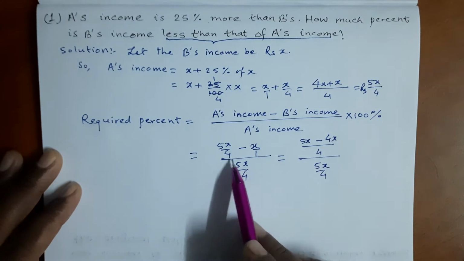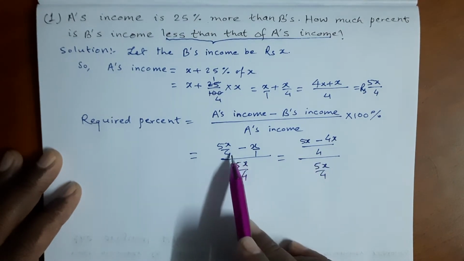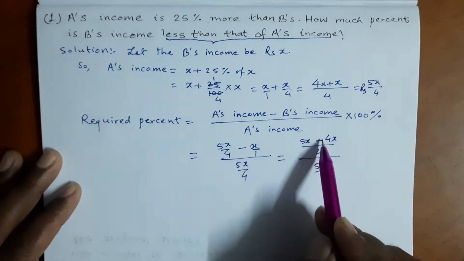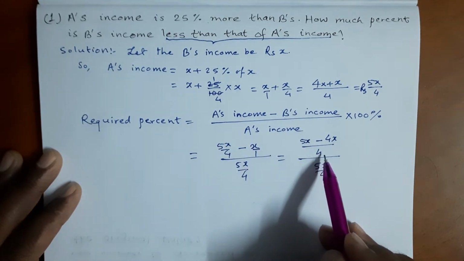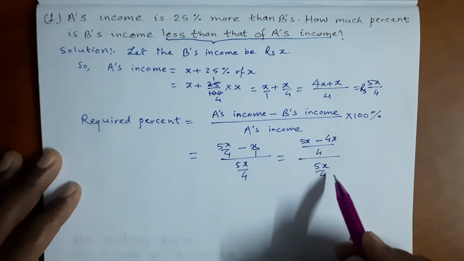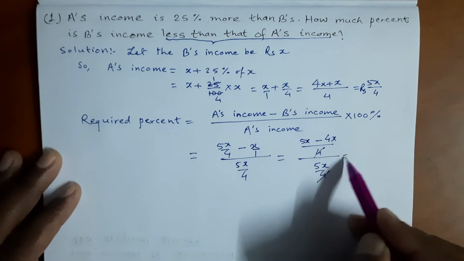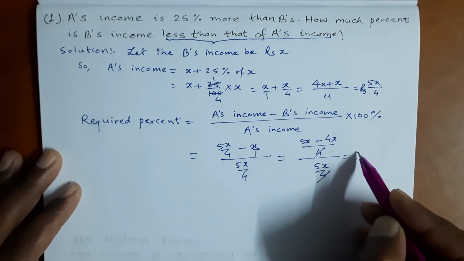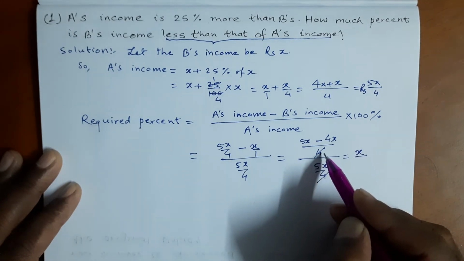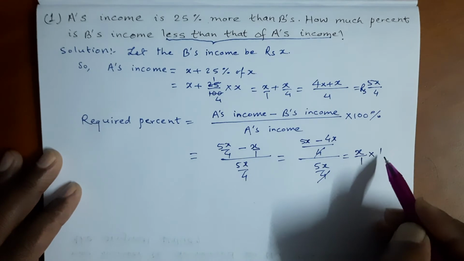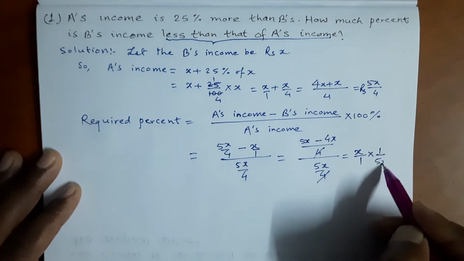The LCM of 4 and 1 is 4. 4 can divide 4 one time, 5x minus as it is. 1 can divide 4 times, that 4 times x is 4x, and here 5x over 4 same. Now this 4 and 4 can be cancelled, and you will get 5x minus 4x, that will be x over 5x.